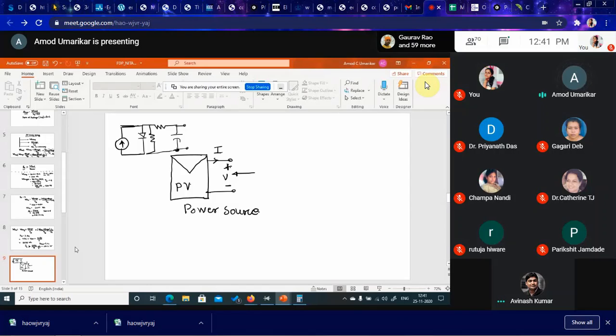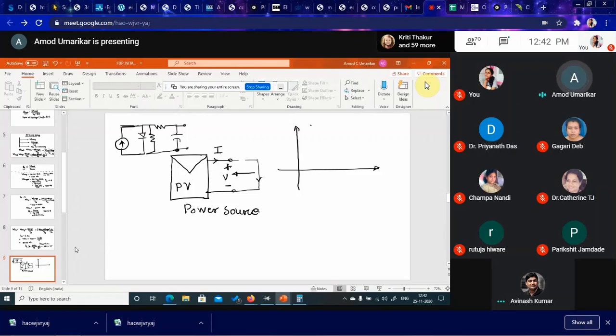When we see from the circuit point of view, the first characteristic we study is V and I. So let us see what the V-I characteristic of a solar PV is. The first thing we do is short circuit it.